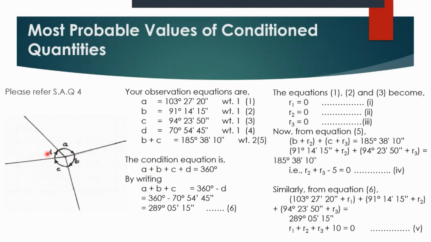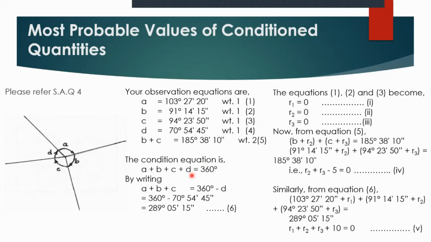The summation of internal angles is equal to 180 degrees. Those are conditions. So when you are calculating most probable values for conditioned quantities, where the conditions also exist, you need to consider the conditional equations as well. So it will produce the most accurate, most probable value, right?